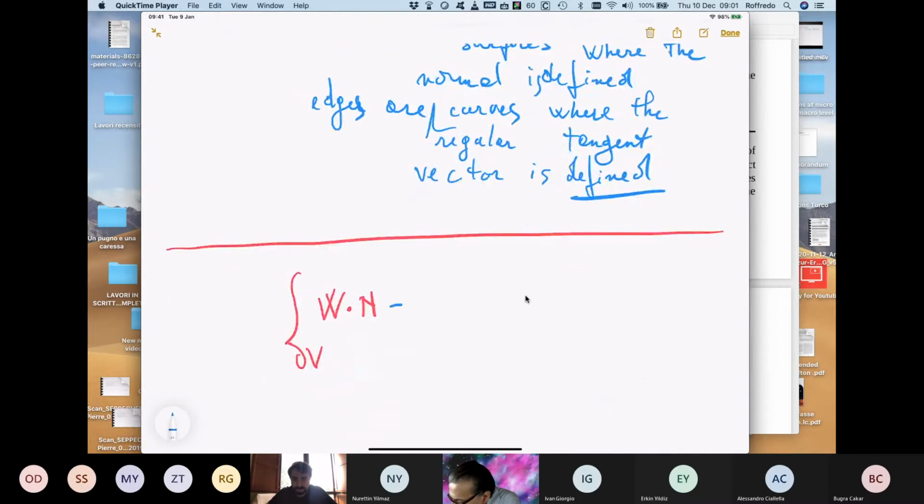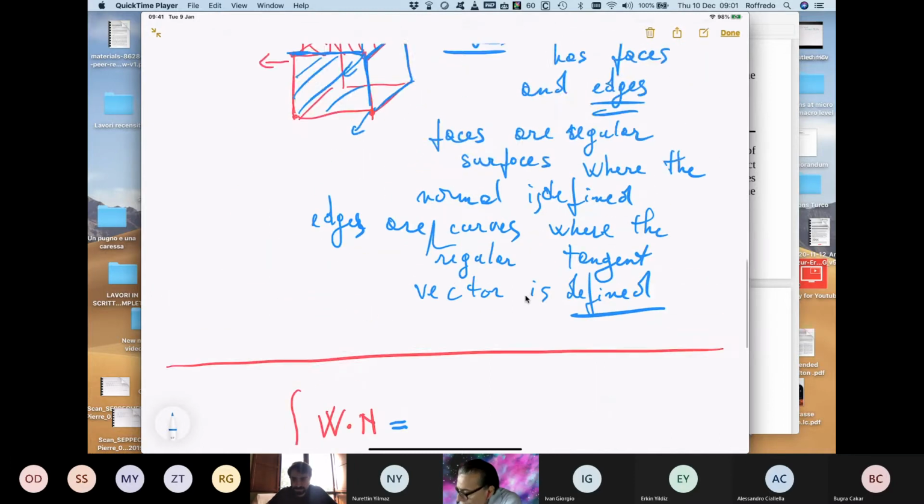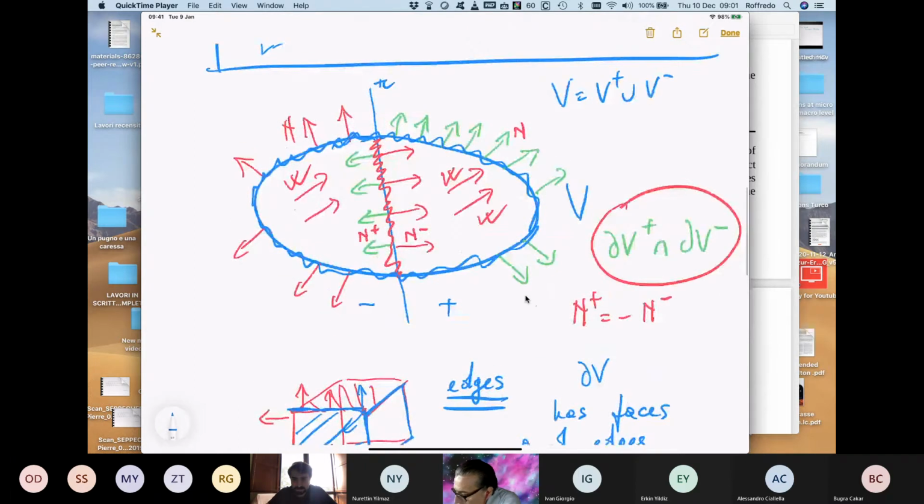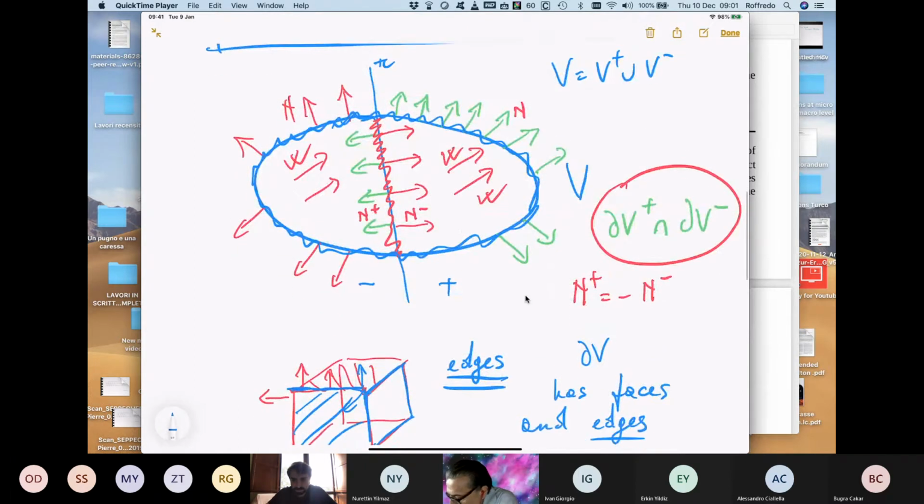Now, how does it relate to the flux on V minus and on V plus?